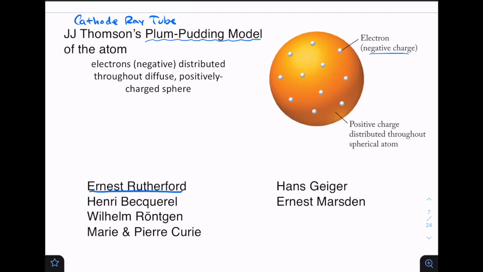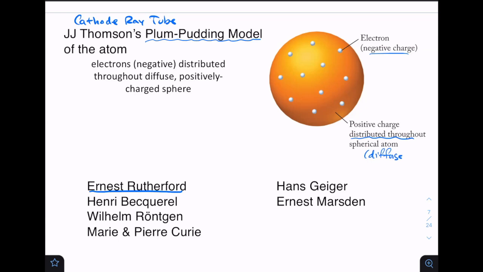And that's how he imagined the electrons were. Because the electrons as particles had negative charge, overall the atom was still neutral. So the positive charge that made it neutral had to come from the rest of the atom. But here it was very diffuse. It was distributed throughout the sphere. So the positive charge was very diffuse.